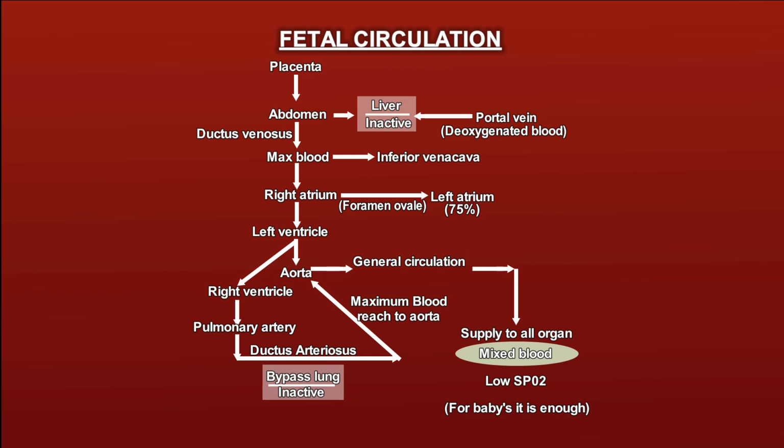The high pressure in the lungs forces much of this blood into the aorta through a third shunt called the ductus arteriosus. It is pumped to the lower half of the fetus's body and into the umbilical arteries. The two umbilical arteries run through the umbilical cord and take blood to the placenta. Carbon dioxide and wastes are transferred to the mother's circulation, and the oxygen and nutrients are absorbed.